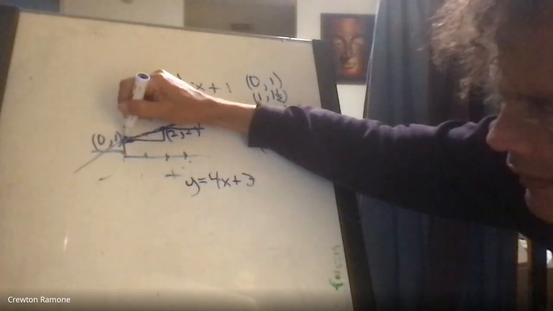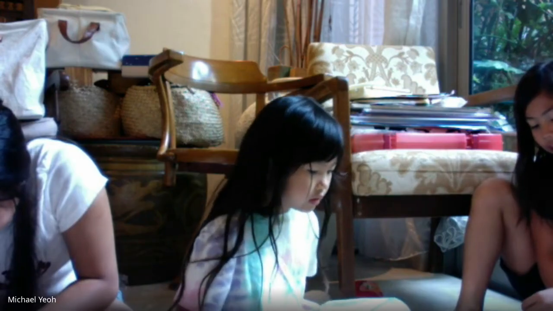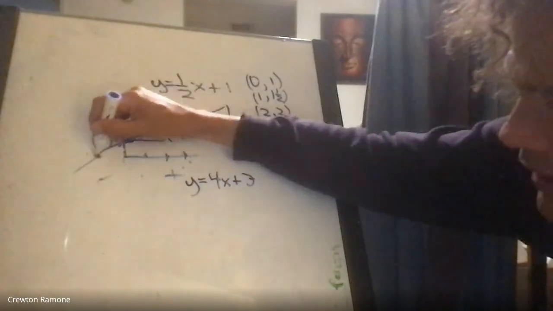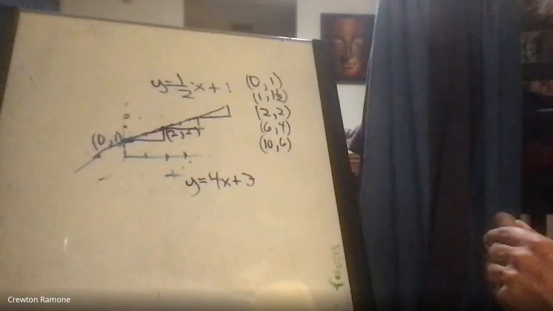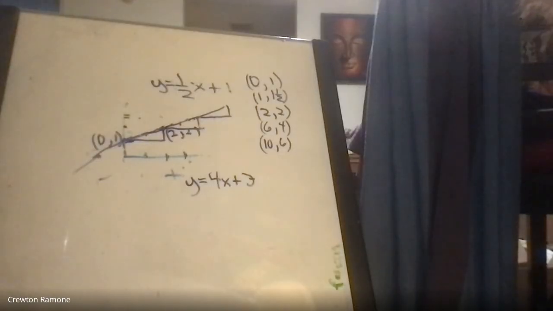Okay, so if I go down 1, I got to go over 2. So if I know that line right there, that right there is when y is -1. Excuse me, when x is -1.